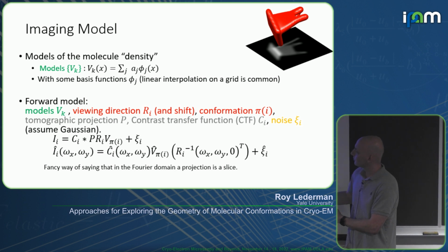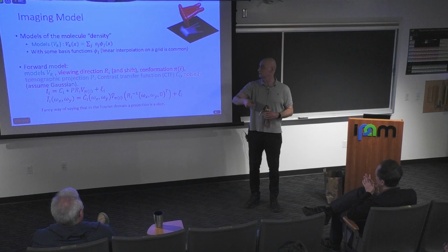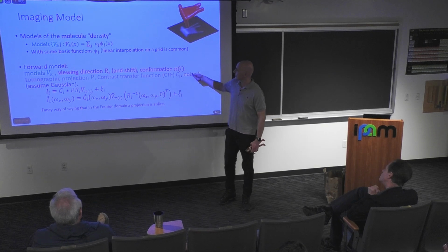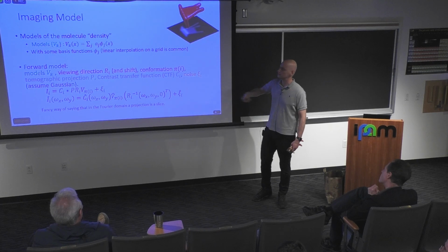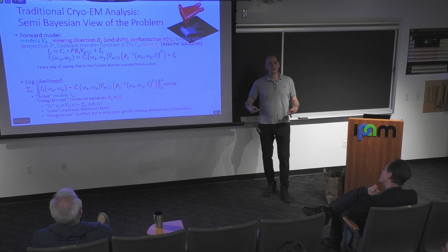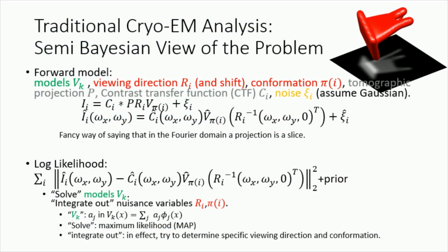And we have a forward model for if we choose one of these volumes and randomly choose some viewing direction, CTF, et cetera, and noise. This means that we can at least formally write a likelihood of the images given the data, and we can turn this around and try to find the maximum likelihood models given the images that we see.